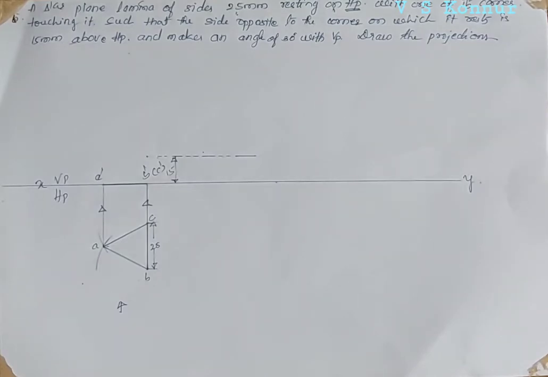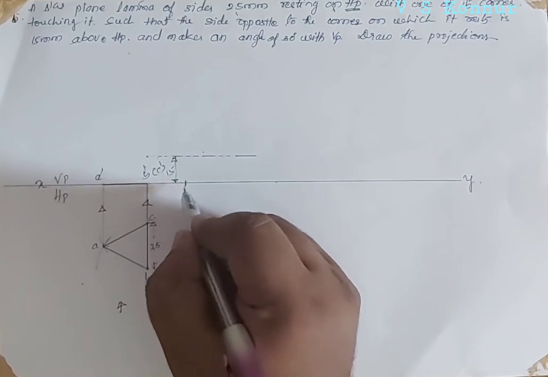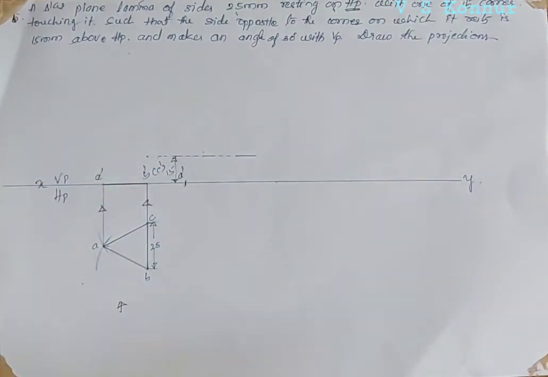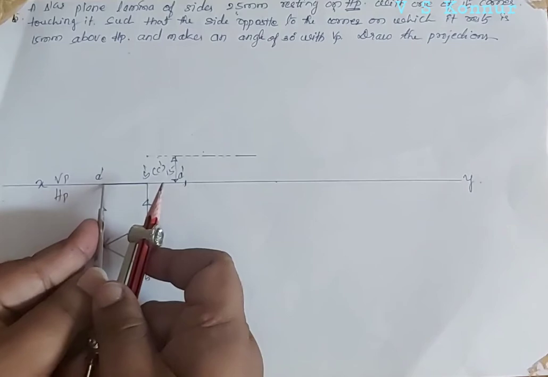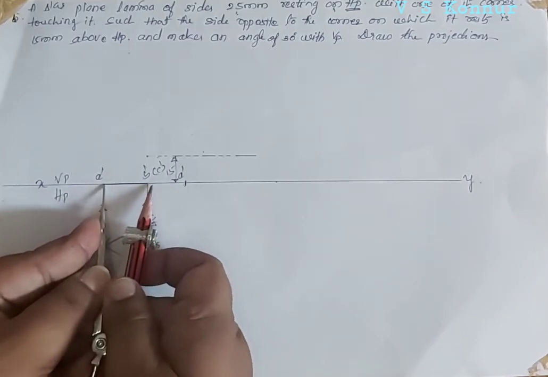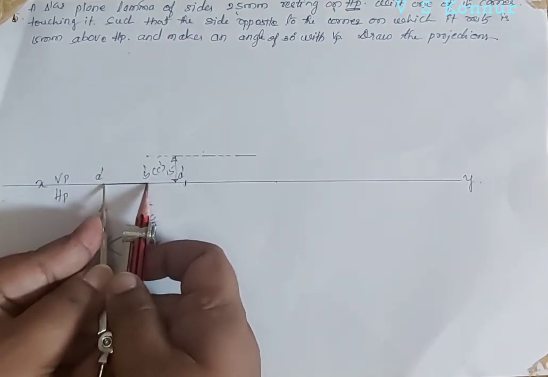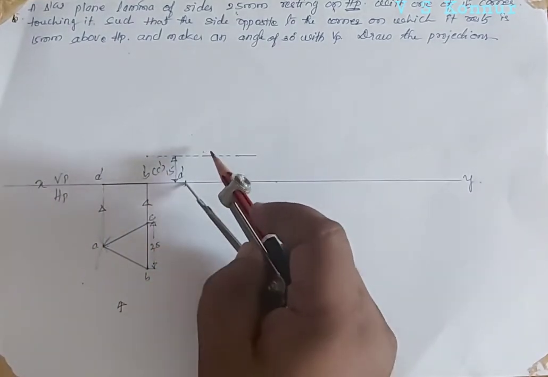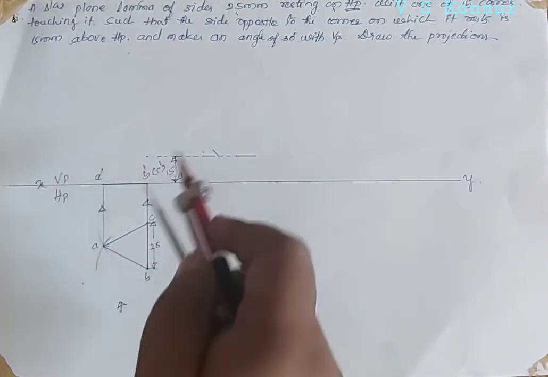So I have taken the 15 mm and then mark one point here. Call it A dash. Mark one point A dash here, and then take with the divider the distance from A dash to B dash, C dash. Now after taking that distance, keep it at the A dash point and cut that locus line.